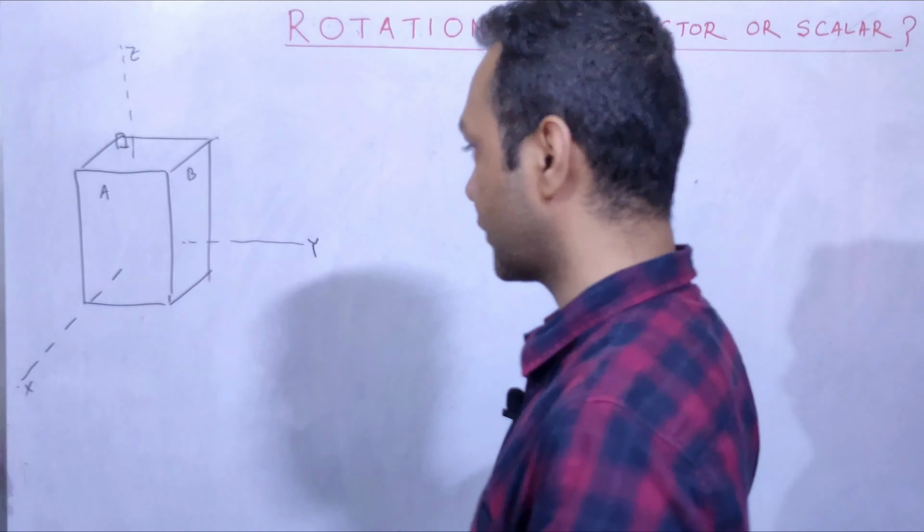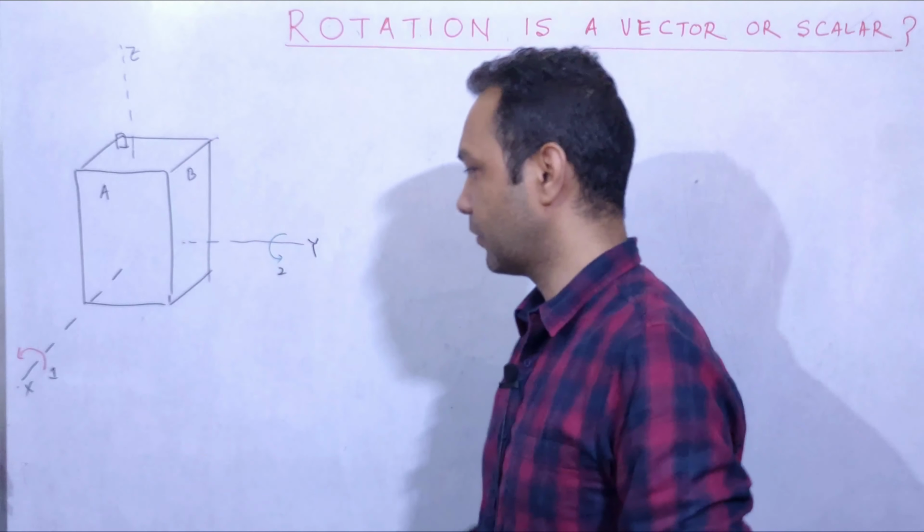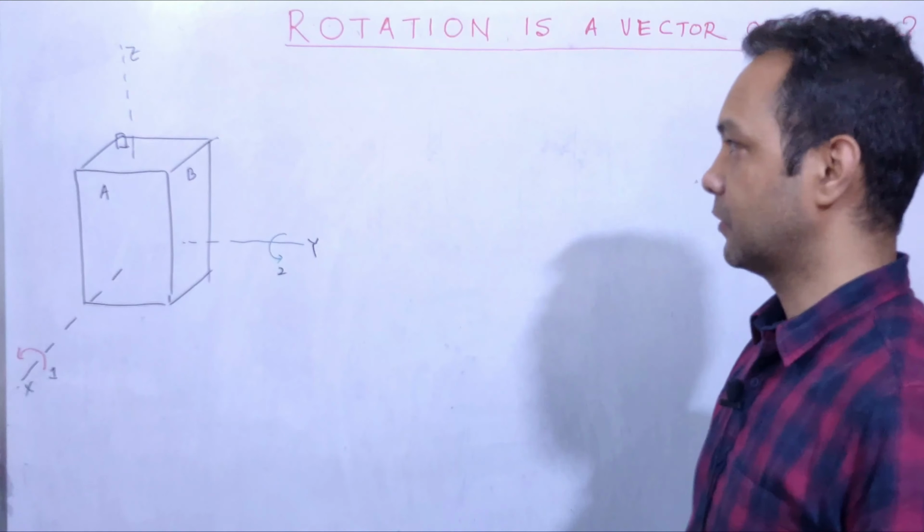So this will be my first rotation and this will be my second rotation. If I perform the first rotation, the orientation of the body would be something like this. This face will become horizontal and this face will become vertical and this face will become horizontal.